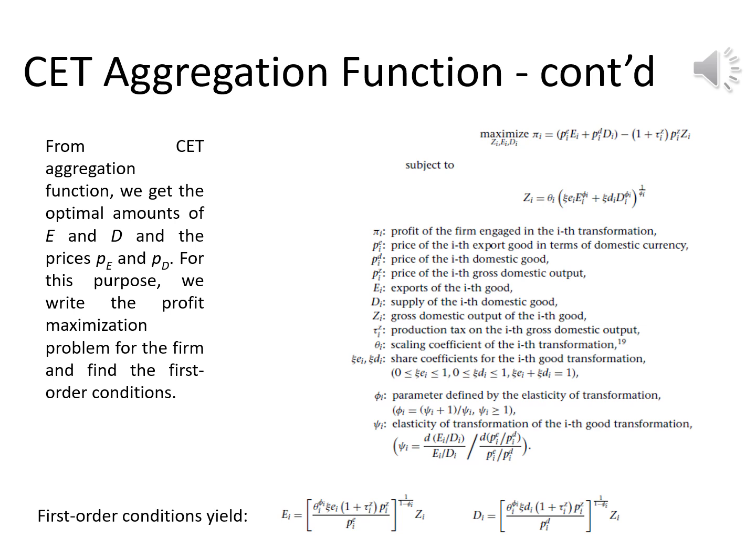So this is equal to PE times E plus PD times D, the first item in the brackets on the right hand side, minus the price of gross outputs. You see that it's 1 plus tau z times PZ times Z.